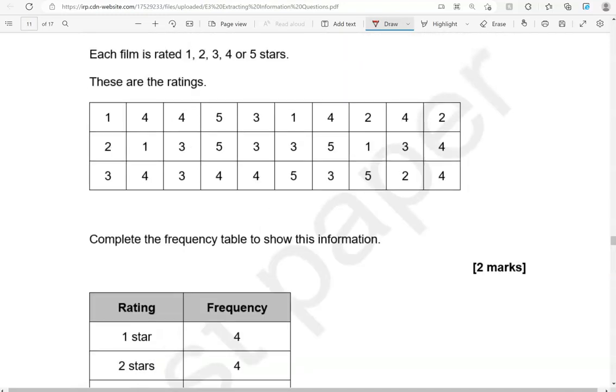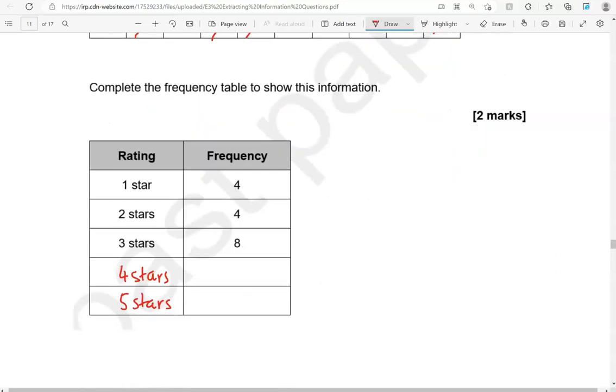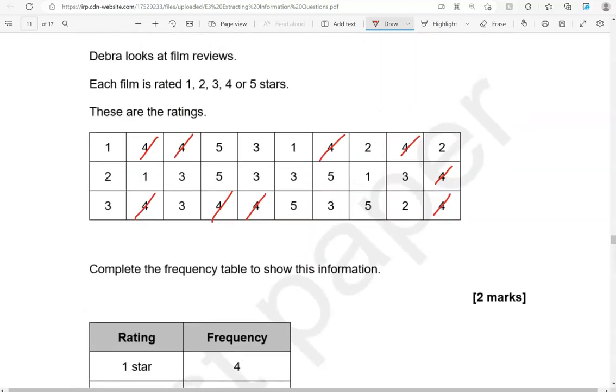So let's look at 4s first. So we've got 1, 2, 3, 4, 5, 6, 7, 8, 9. And 5 stars, we've got 1, 2, 3, 4, 5.